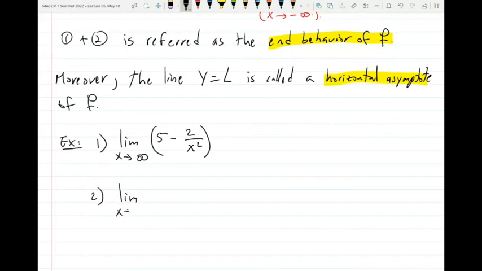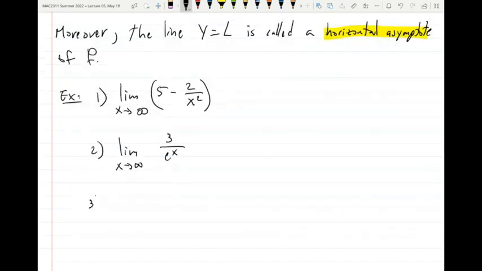This is the limit as x approaches infinity of 3 over e to the x. And let's do the limit as x approaches negative infinity of 3 over e to the x. All right, so here we have three functions, and we are computing limits.